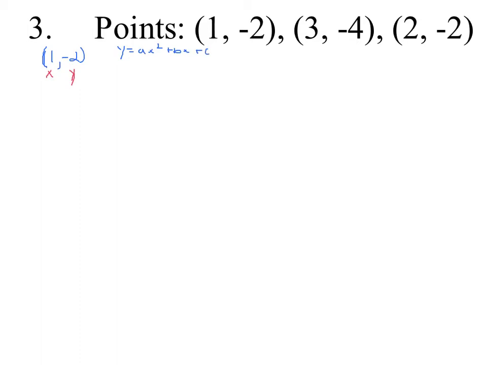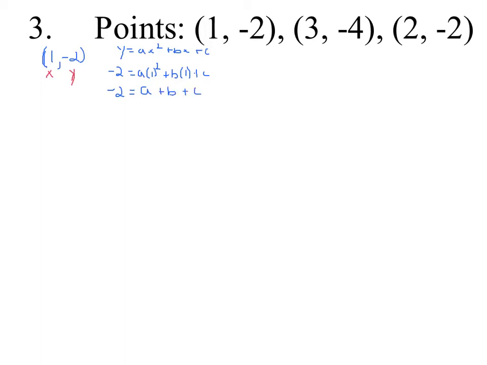If I plug it in for y, I'm going to have -2 equals a times my x value of 1, and I'm going to square it, plus b times my x value of 1, and then plus c. So then this equation simplified would be -2 equals 1a plus b plus c.